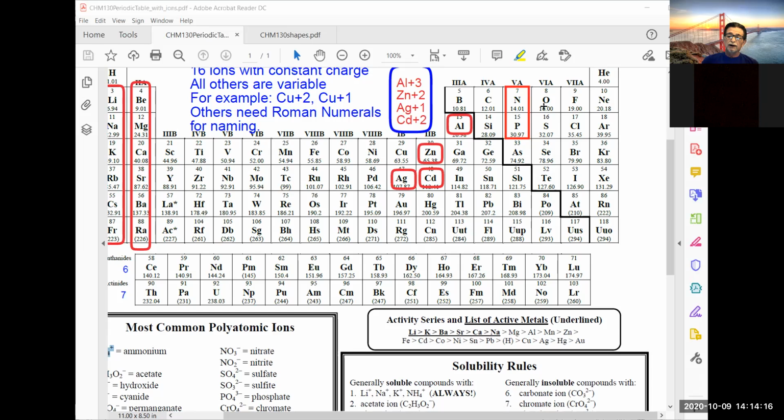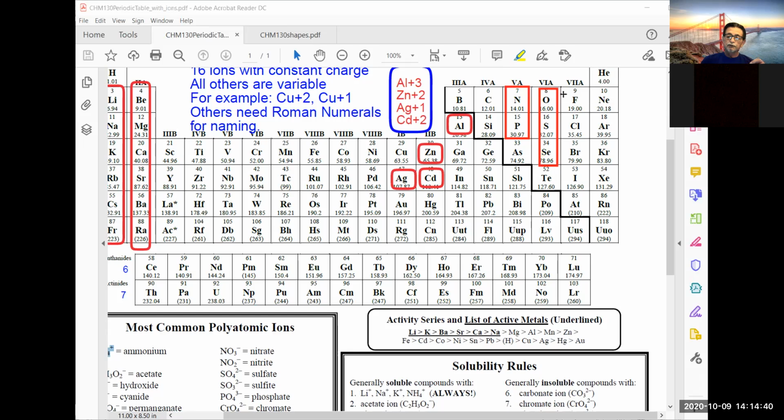And then we can do oxygen to selenium. All 3 of these highlighted will gain 2 electrons because they're in group 6. And when they become ionic, their name changes from oxygen to oxide, sulfur to sulfide, selenium to selenide, okay?